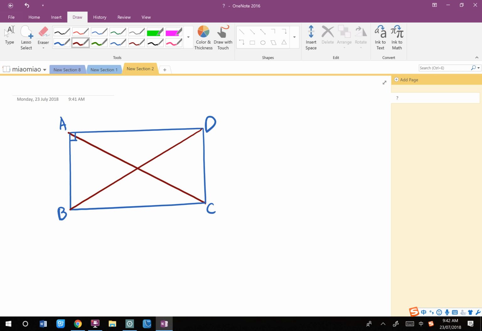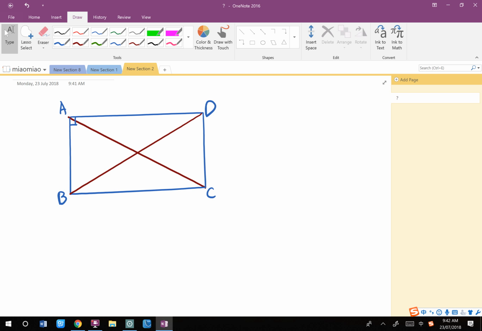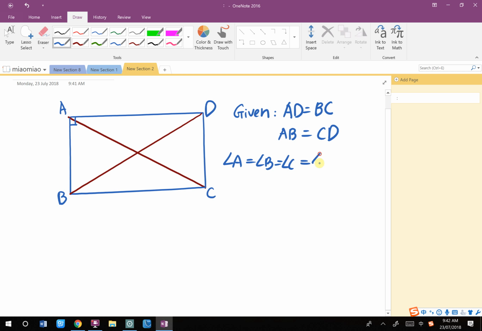So what is given to us? What I know is AD equals BC and AB equals CD. And angle A equals angle B equals angle C equals angle D equals 90 degrees, because it's a rectangle.